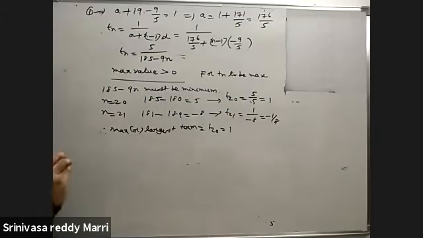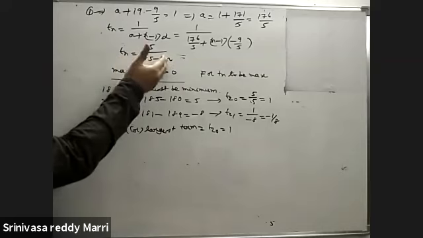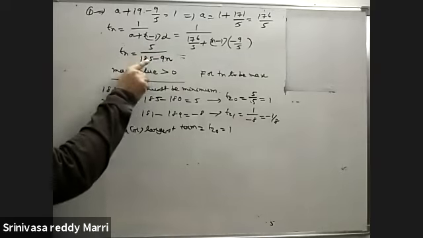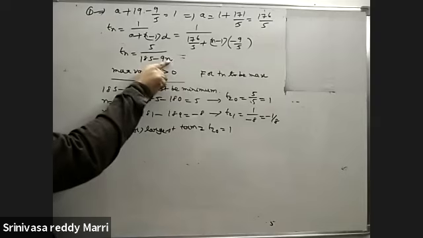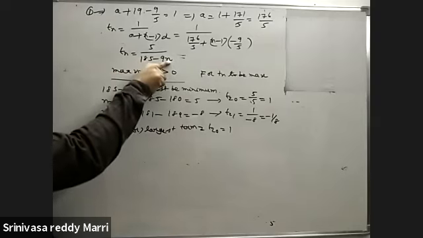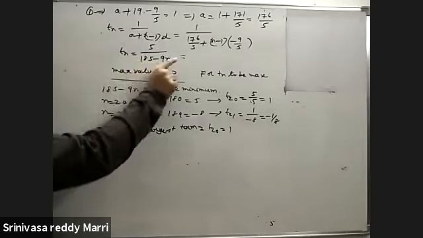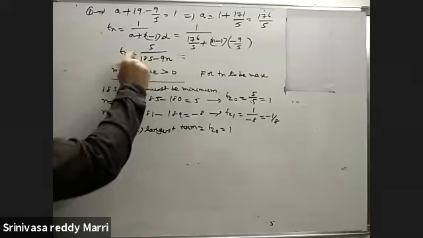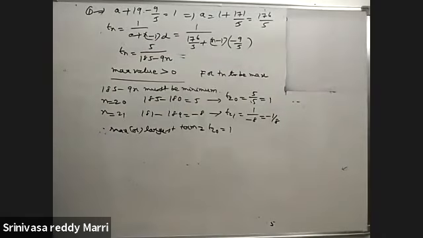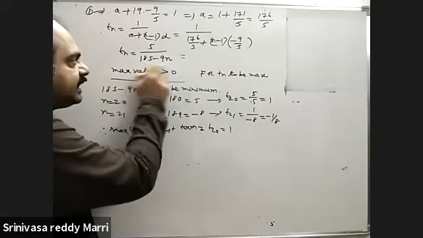Like that, whenever you are asked for the largest term, you write the nth term, and then by using common sense, you substitute the n value. Lastly, it will be close to 185. For that n value, it will be maximum. The main thing is this must be minimum, because you are subtracting from 185. So you substitute such that it is the last positive value.